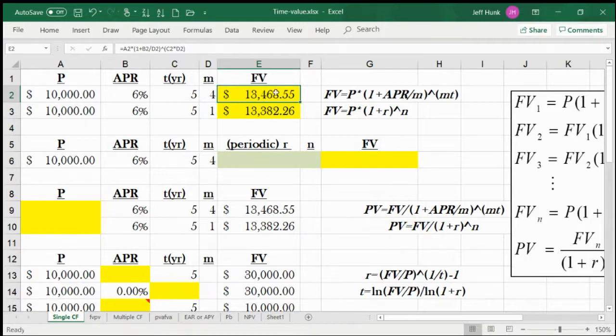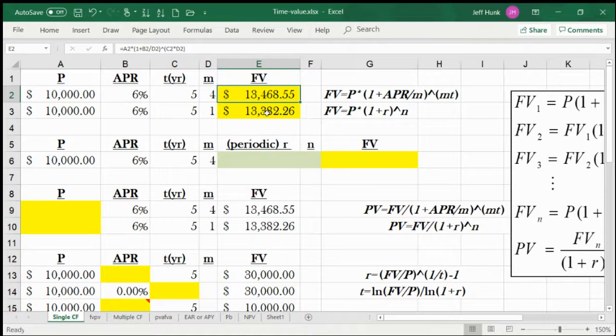Now, what do you notice? It's basically the same input data. Same principle, same APR, same 5 years, but different results. Of course, you get greater future value with higher compounding frequency.